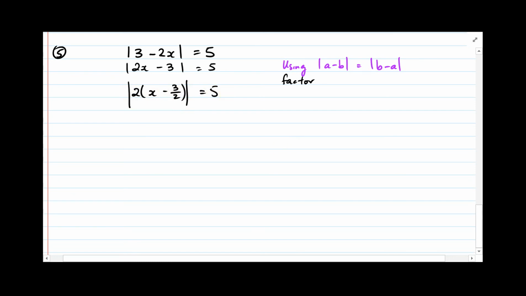And then if we now go back and use the product rule with our absolute values, I can rewrite this as the absolute value of 2 times the absolute value of x minus 3 over 2 is equal to 5.